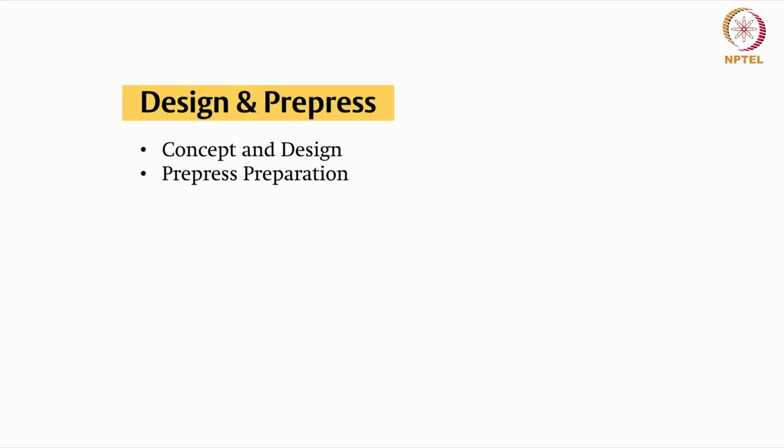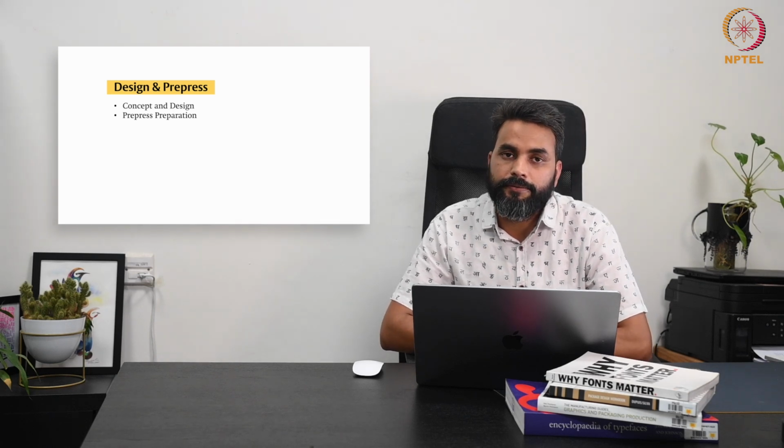So when you are talking about the process, the concept and design and pre-press preparations are the two major aspects one has to consider. This is the creative stage where graphics, text and layouts are finalized using software like Adobe Photoshop, Illustrator or InDesign.